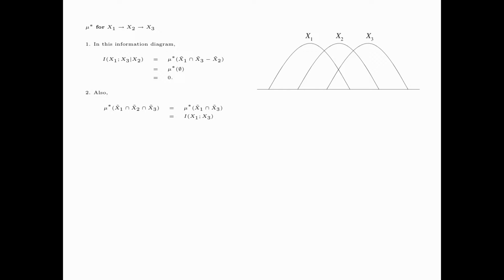Therefore, the value of mu star on X1 tilde intersect X3 tilde is equal to I(X1; X3), which is non-negative. Thus, we have shown that mu star of X1 tilde intersect X2 tilde intersect X3 tilde is non-negative. Since the values of mu star on all the remaining atoms correspond to Shannon's information measures and hence are non-negative, we conclude that mu star is a measure.